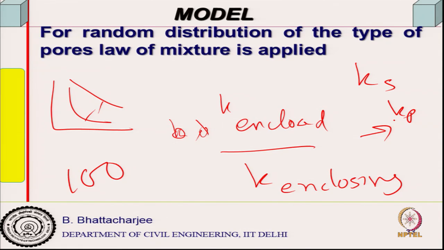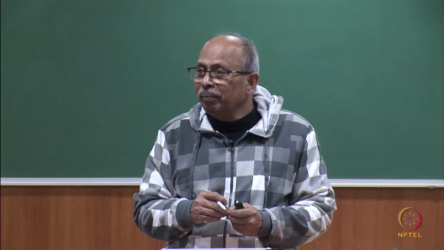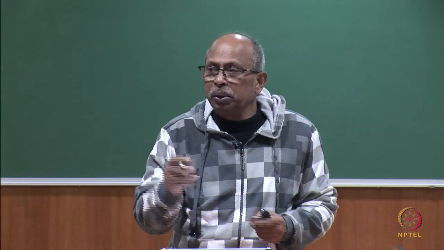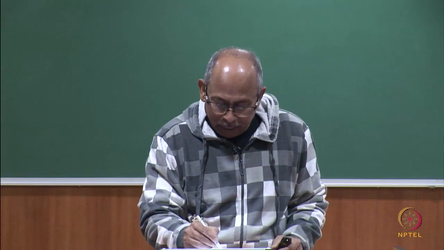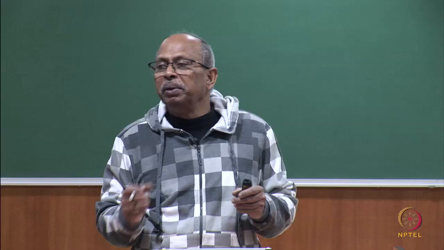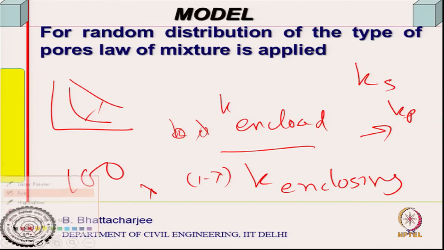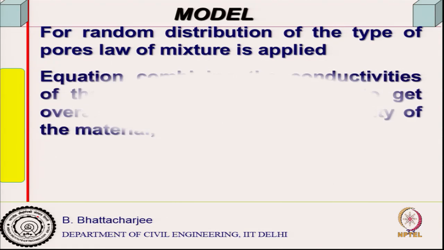If the ratio of Ks by Kp is very large, these values are also very large. So, therefore, you need not combine them in a linear manner, linear proportion of lambda, which we did, lambda into 1 minus lambda. Rather, for random distribution you can take geometric proportion. It is a better way to take this as a geometric mean.